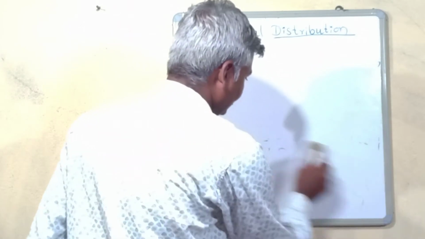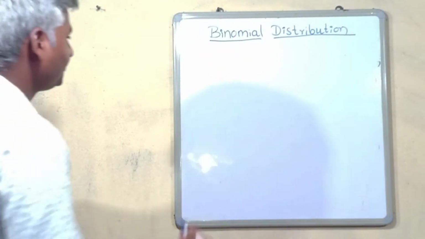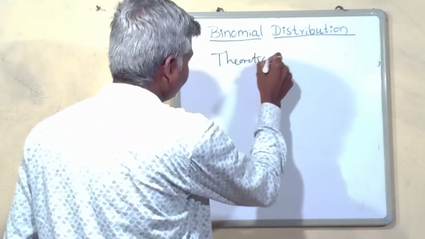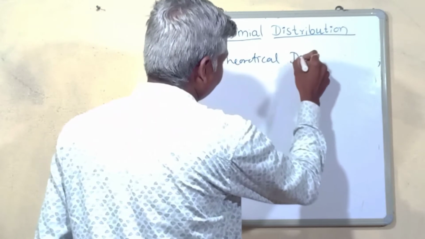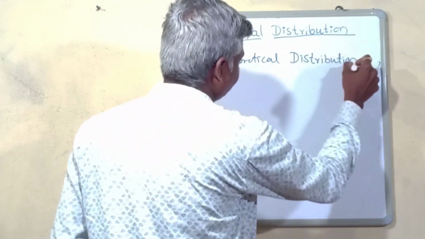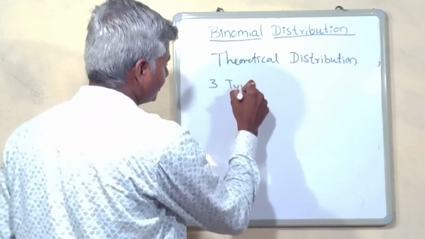Then there is something called theoretical distribution. There are three types of theoretical distribution.